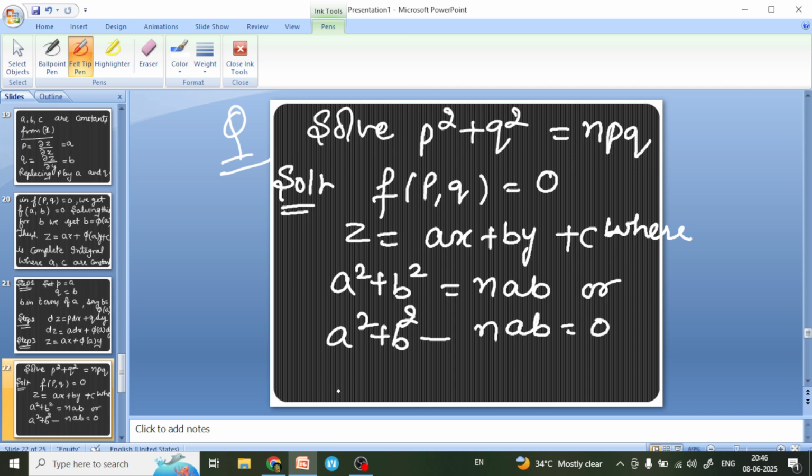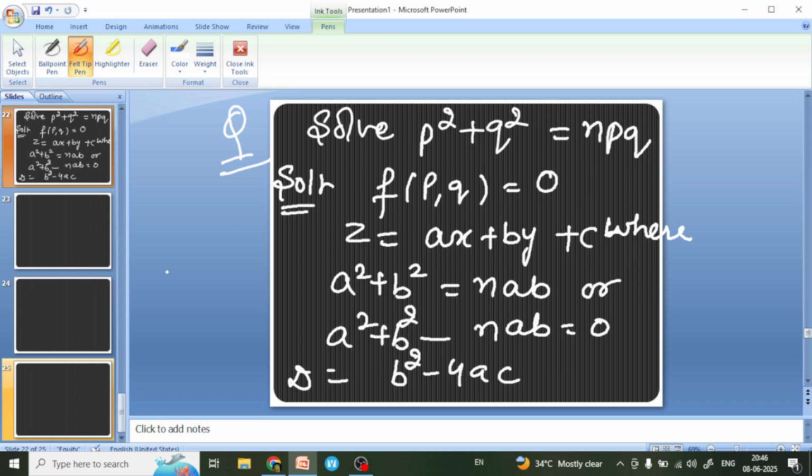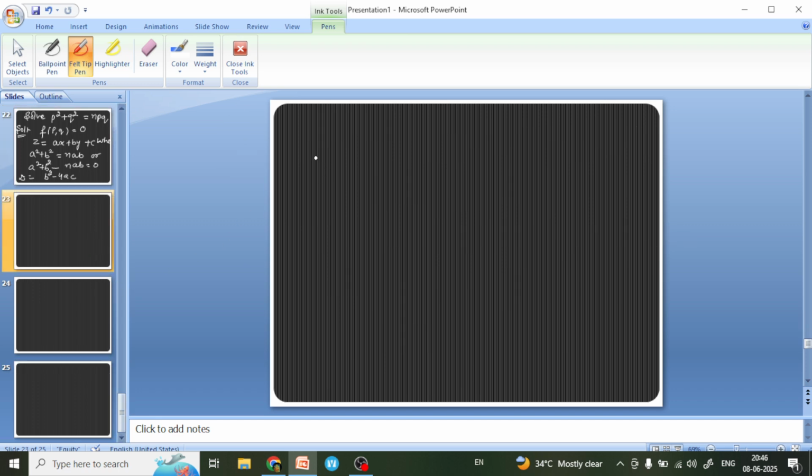And now put the discriminant formula: d is equal to b square minus 4ac, and after that you will find b is equal to minus b plus minus square root d over 2a formula.